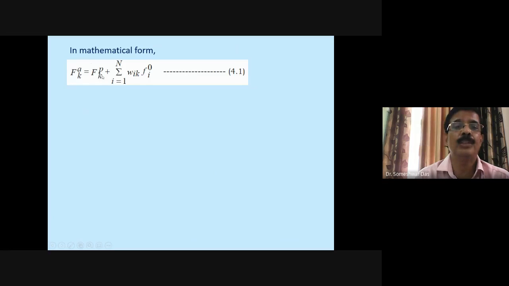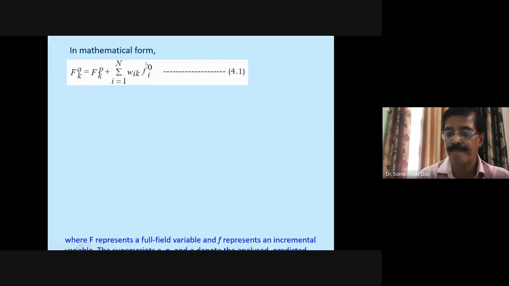All the variables having superscript p indicate the prediction or the background value, or the first guess value. And all the superscripts having o are the observation. Now k are the grid points, and i are the observation points, so you have n number of observations. W_ik is the weighting factor for the ith observation at the kth grid point.